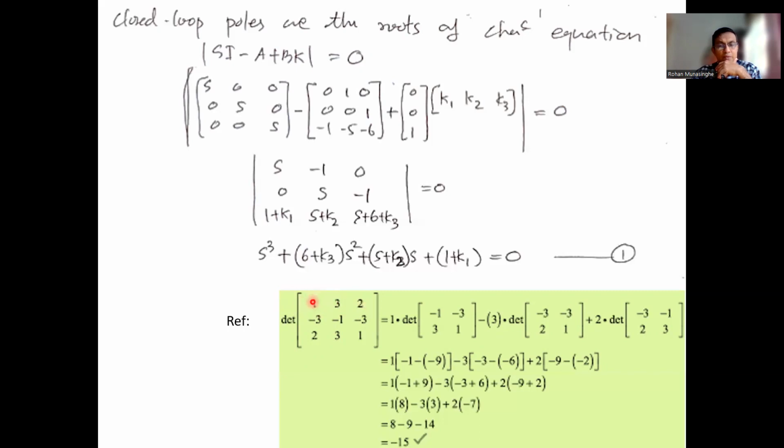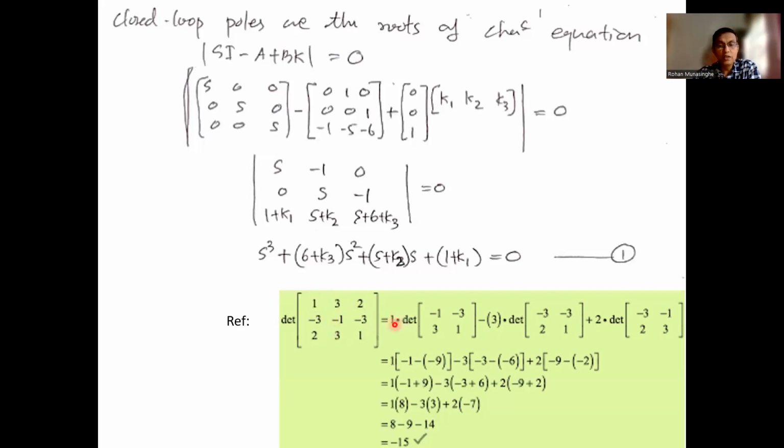You take 1 and then remove the row and column with that element being common, and take the other remaining partition, which is -1, -3, and 3, 1 as a 2 by 2 matrix, and get the determinant of that, multiply with this one.